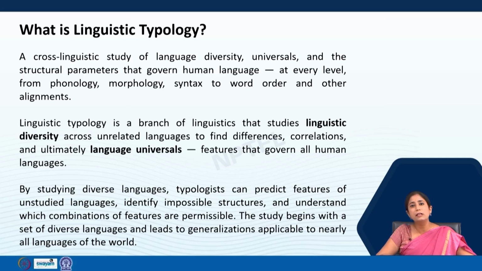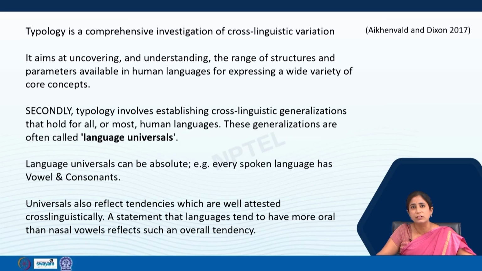So basically we are studying a few languages which might be very different from each other, but based on their structure, or how they are formed or governed by various rules, we can also predict features about the understudied, less studied or not studied languages.